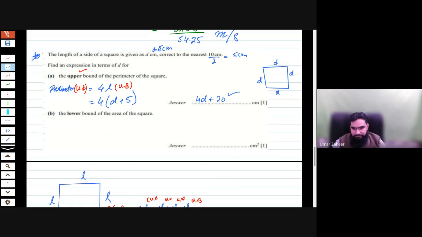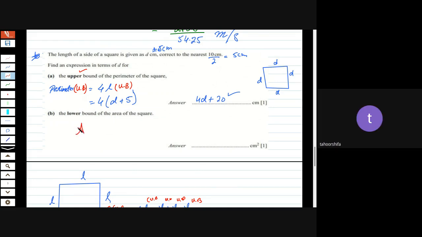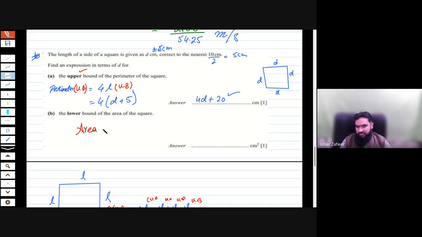Okay. Yeah, sir. Look here, the lower bound of the area. First of all, tell me the area is simply equal to side square, or length multiplied by width. I just write length multiplied by width. That is going to be easier for you. So we have to find the lower bound. So I will take the lower bound of the first value and the lower bound of the second value, right?